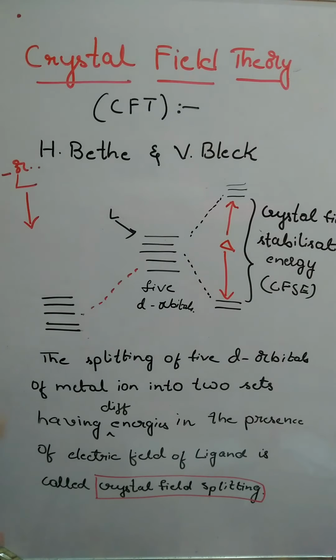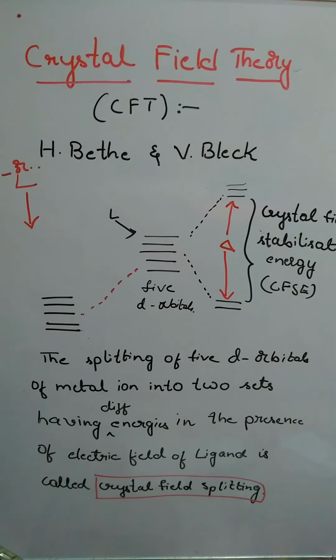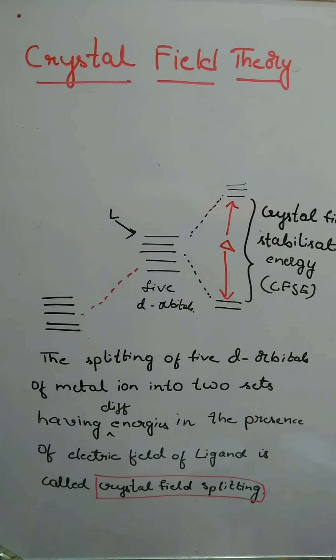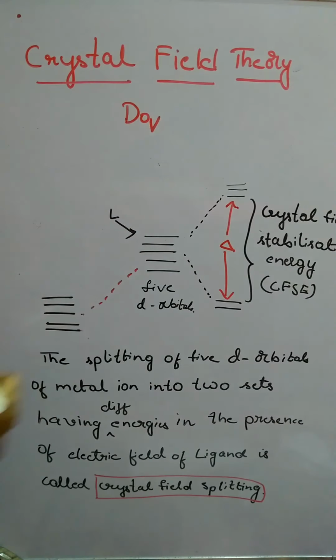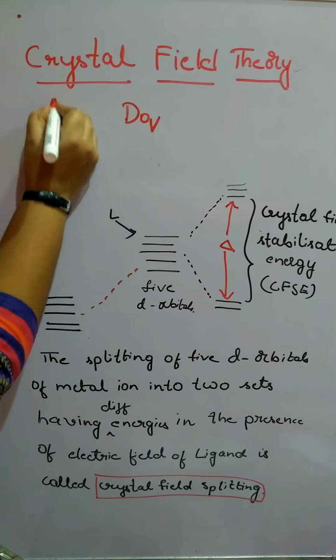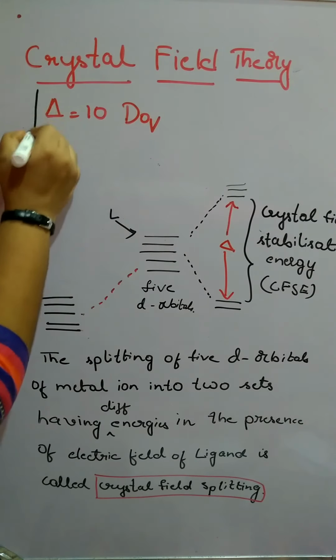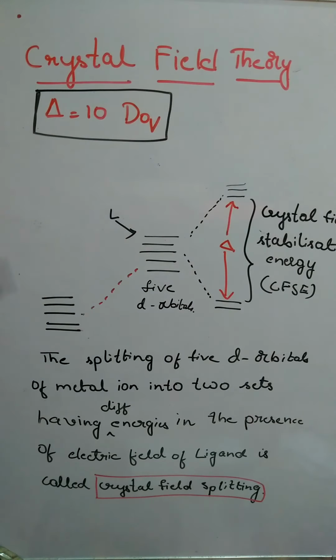And one more thing is we need to measure this. To measure that energy we need a parameter, and that parameter is indicated as Dq. So delta is an arbitrarily taken thing, just for our calculation and to get some idea how much it might be.